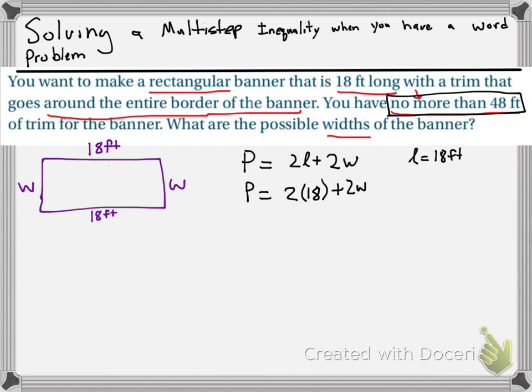That means, instead of having our P, our equation would be, let's do it in blue, 2 times our 18 plus 2 times our width is less than or equal to 48 feet.